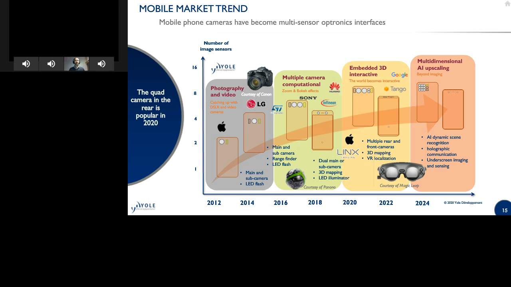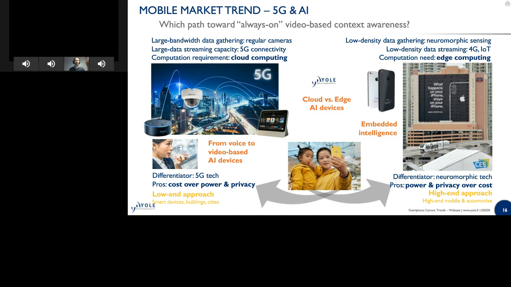So let's discuss a little bit this key trend of AI, which I think will have a huge impact on the CMOS image sensor and also the cameras.